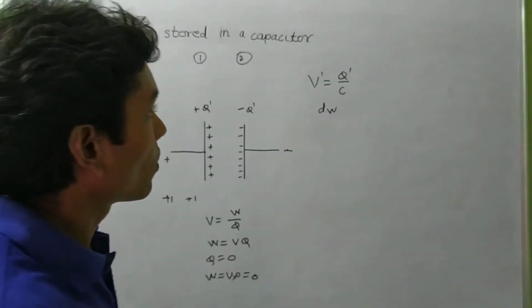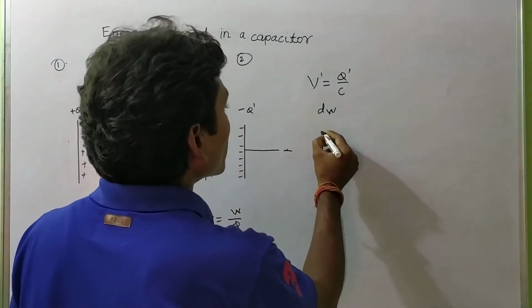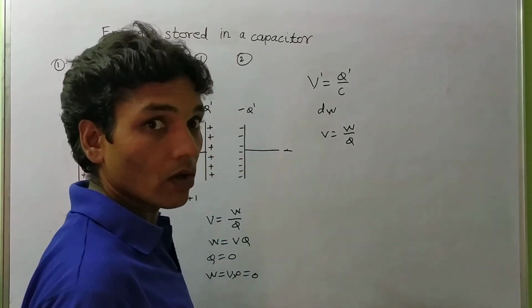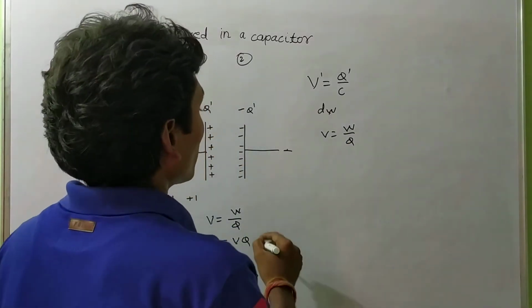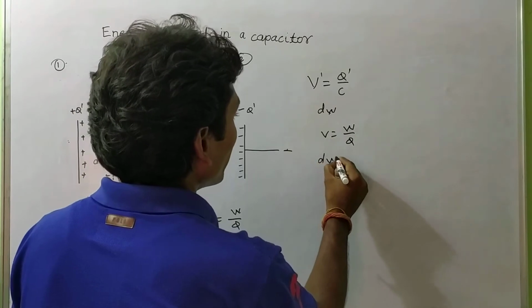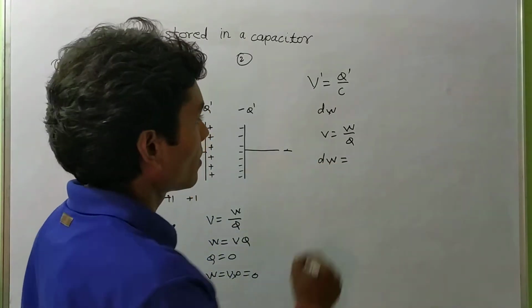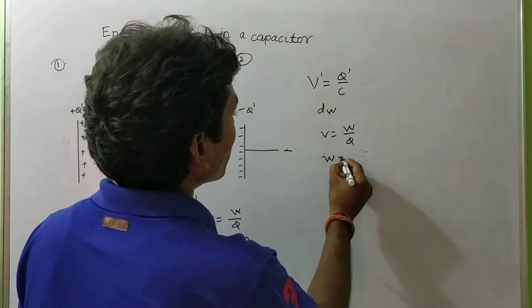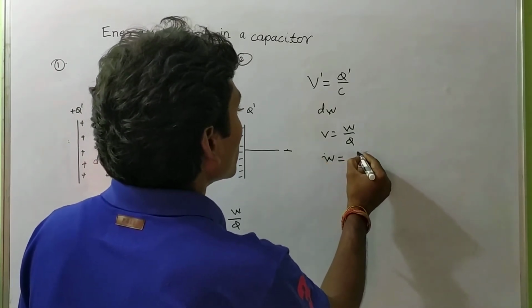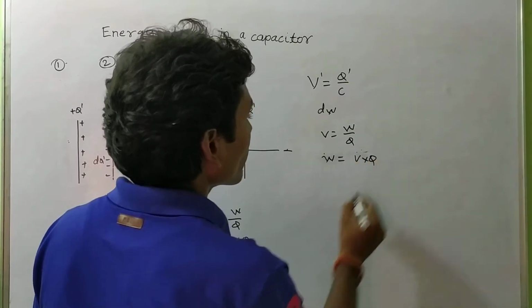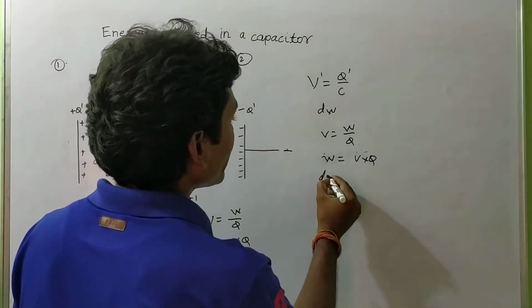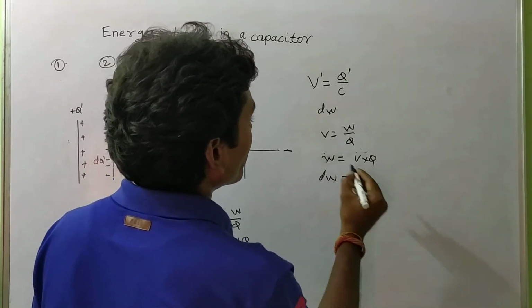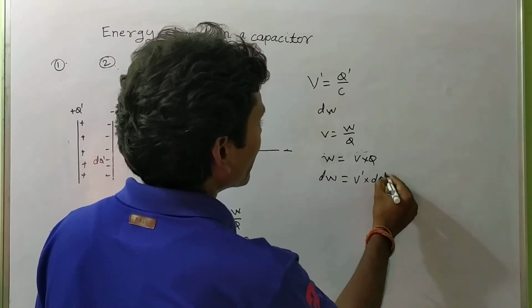Now you know that V equals W upon Q. That's why dW will be V dash into dq dash.